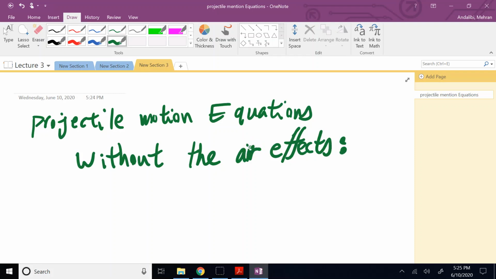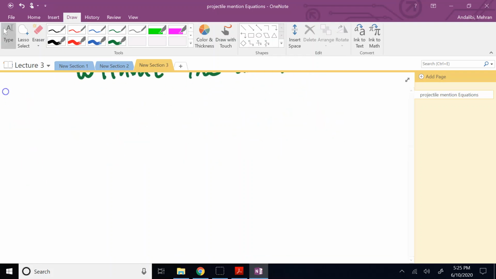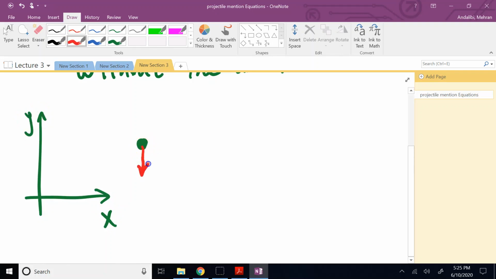Okay, so the most important thing is no air. When this particle, as I said, is in the air, and this is my coordinate system, the only force acting on the object, if I draw the free body diagram, is mg in the y direction.